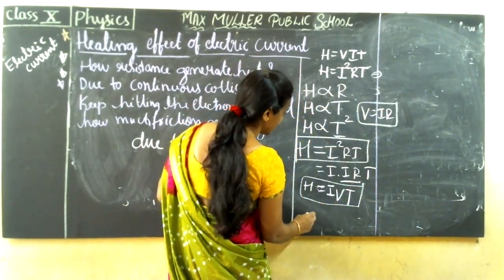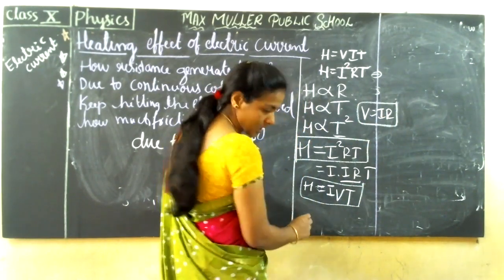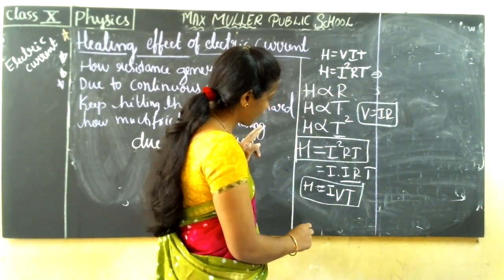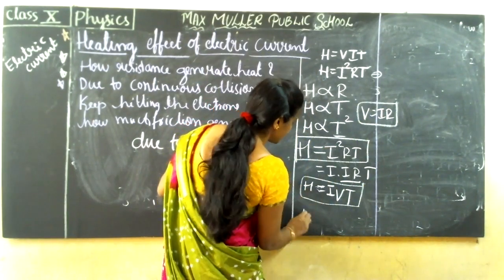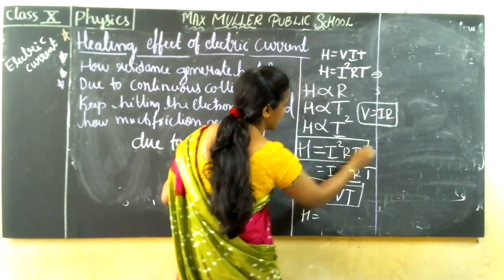Another one you can do here. H is equal to, in the place of I square, what is I equal to?